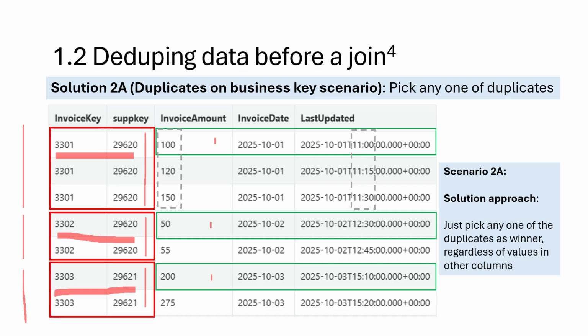For example, for this first set of data, first time around, it may have returned this row which has an invoice amount of $100. The same data and the same business key, second time around, it may have returned $120. In other words, in this approach, for each business key, a different row could be returned at different times. That is the limitation of this approach.